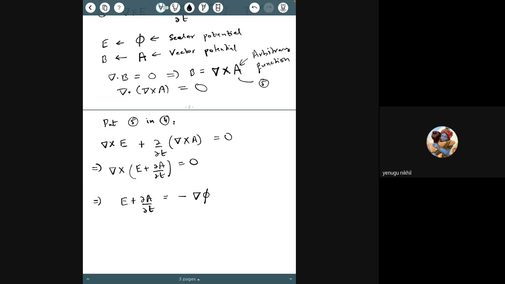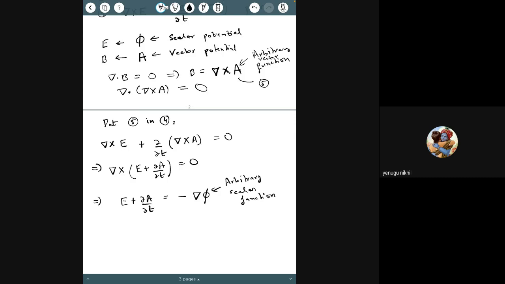So again, this is a mathematical solution in the sense that if the curl of something is 0, then that something can be written as the gradient of a scalar function. So this is an arbitrary vector function, and this is an arbitrary scalar function.